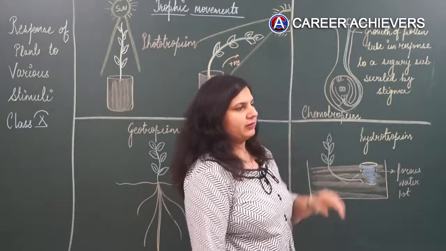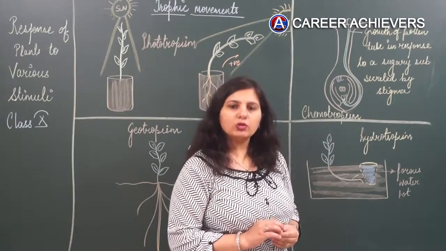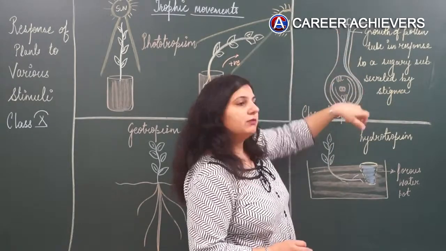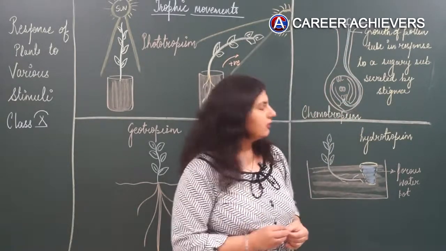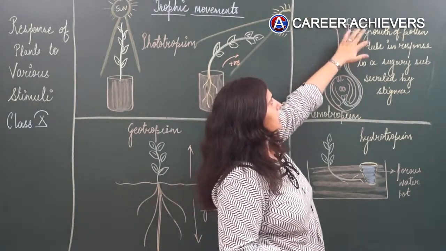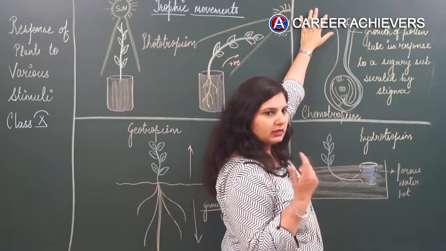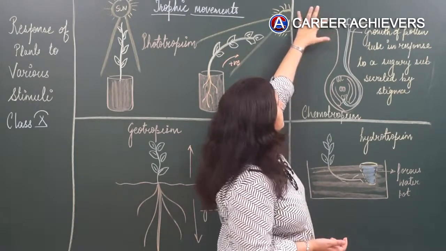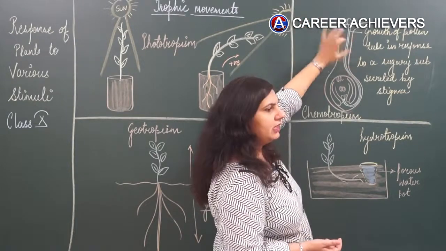Now chemotropism. This is an example of the growth of the pollen tube inside the style of the female part of the plant. This is the pollen that is attached to the stigma. You have learned about the structure of a flower. This is the stigma, the style, and then you have the ovary.